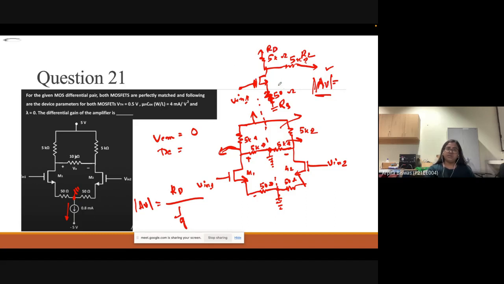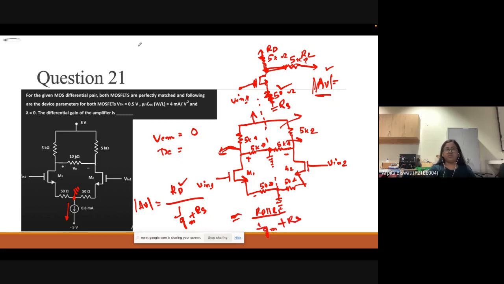So when this type of circuit is there, the mod of AV is RD by 1 by GM plus RS. But here on the drain side, both resistances are in parallel. So in our case, RD is in parallel with RL, then 1 by GM plus RS.